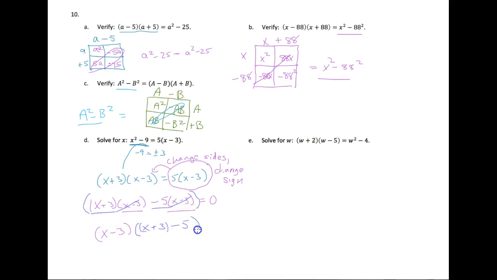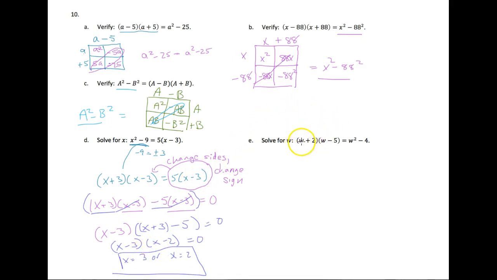And we don't really have any sign problems with this one. So we have x minus 3, and plus 3 minus 5 is x minus 2. And it looks like we have x equals 3 or x equals 2. Nice. All right, well, that wasn't too bad.